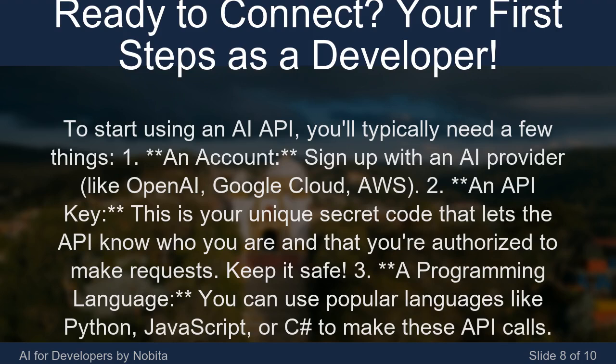You can use popular languages like Python, JavaScript, or C# to make these API calls. Most providers offer easy-to-use libraries that simplify the process. 4. A simple program. You'll write a few lines of code to send your request, e.g., OpenAI.Completion.create(prompt="tell me a joke"), and then handle the response that comes back. It's much simpler than it sounds.